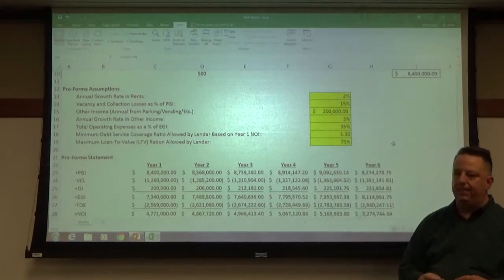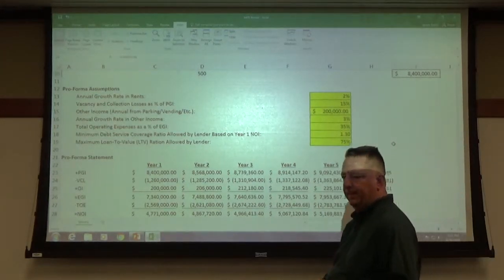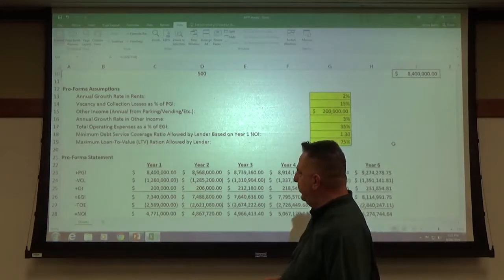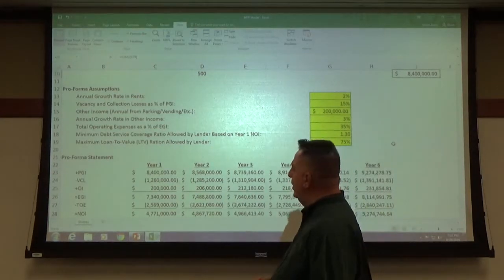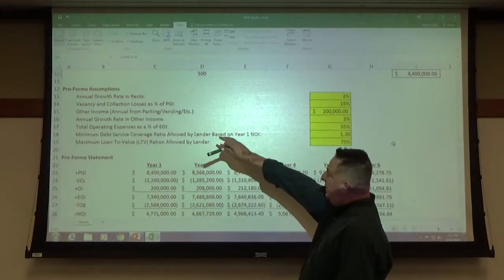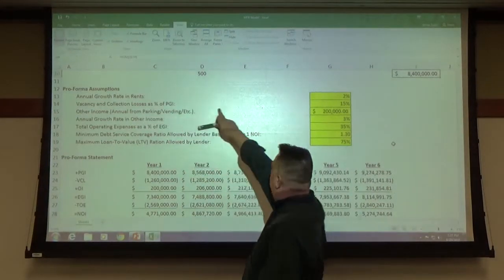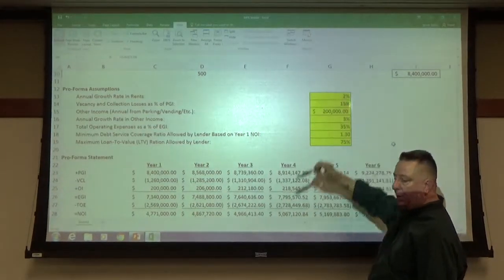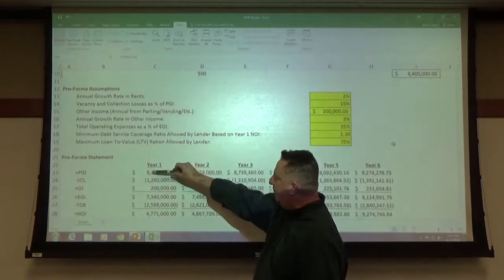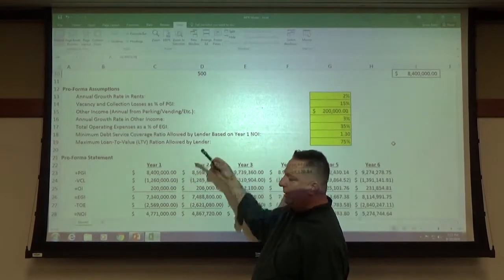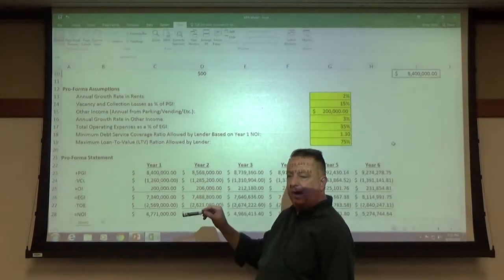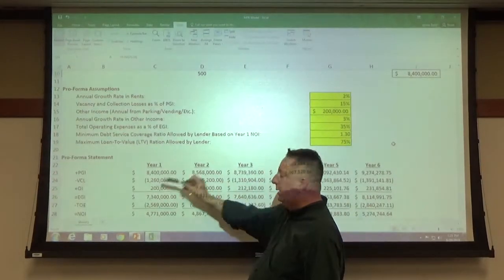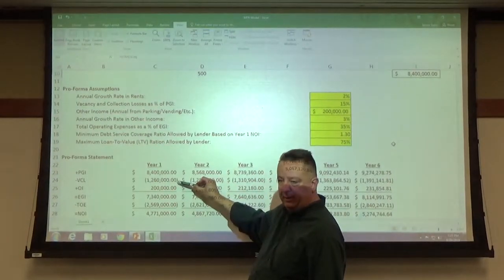Okay. I got confused on the vacancy and collection loss. I don't know how to get to the 1,260,000. Okay. The vacancy and collection loss is a percentage of PGI. So it's 15%. You're simply going to take 8.4 million multiplied by 0.15, or 15%, and that should give you the 1,260,000.